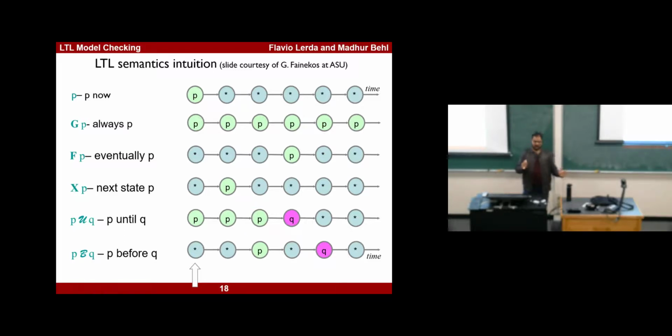So it's kind of a softer version of P until Q. P until Q says P must always remain true until I see a Q. P before Q says if I see a Q, the trace satisfies P before Q if P must have occurred at least once before a Q. And so similarly, it doesn't say that every Q must get its own unique P. That's not what the statement is, right? So even this trace actually satisfies P before Q, because by definition, P has occurred at least once before Q has occurred.